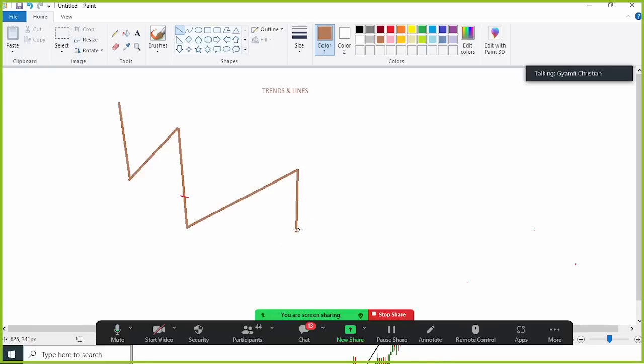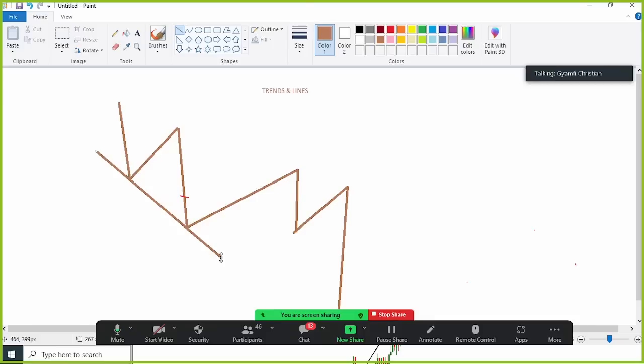So based on the explanation I just gave, if we have something like this, this is a trend line. Because the explanation says that it connects at least 2 points and extends into the future to act like support or resistance.